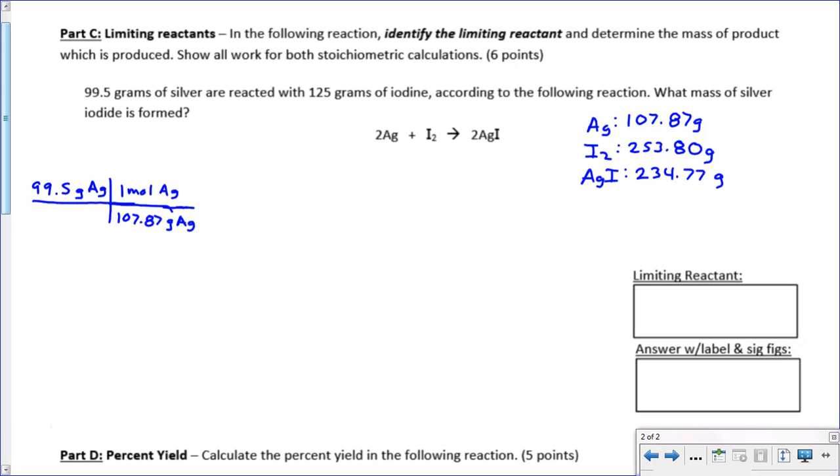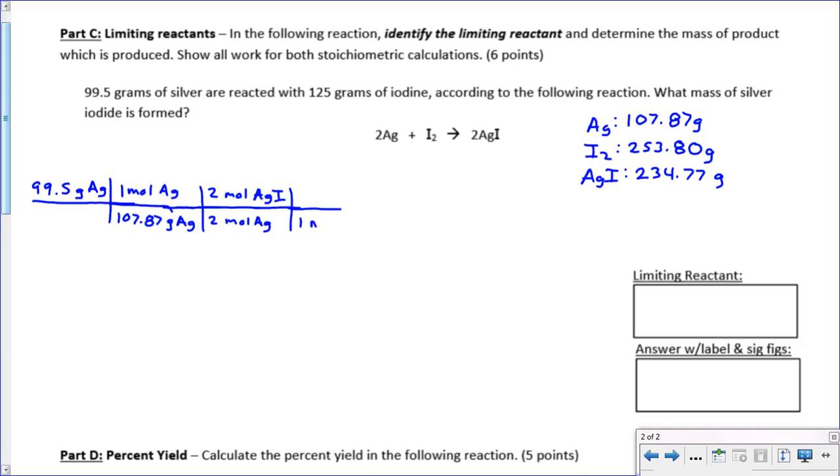All right, in the next step, we need to go from moles of silver to moles of our product, which is AgI. So looking at the balanced chemical equation, you see that there are 2 moles of silver for every 2 moles of AgI produced, so it's a 2-to-2 ratio. And then lastly, we need to get to grams of AgI, so we go moles to grams using the molar mass.